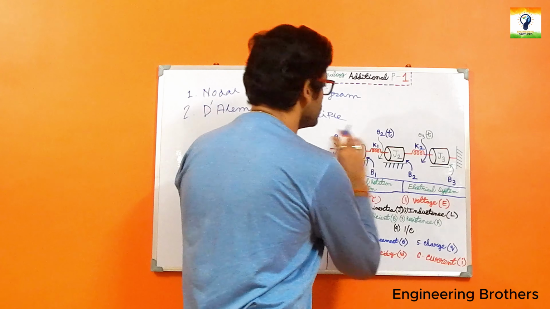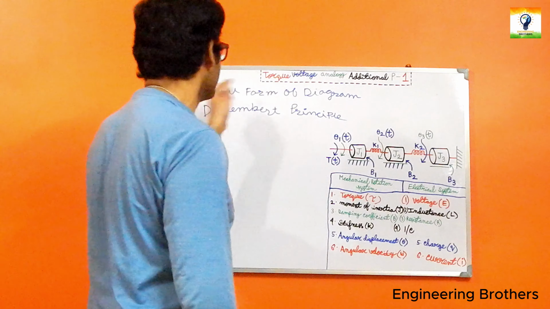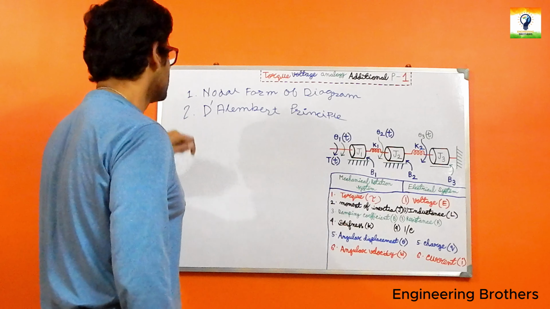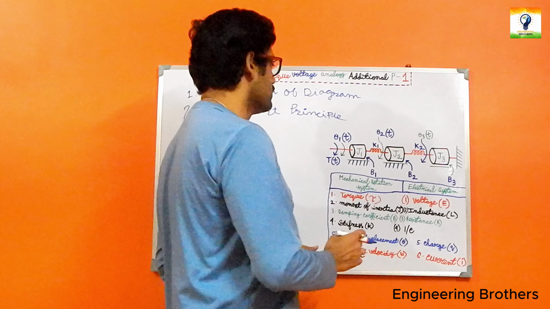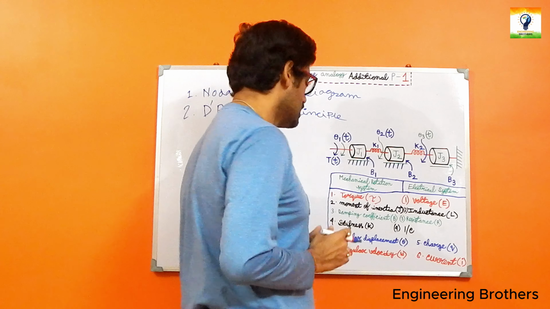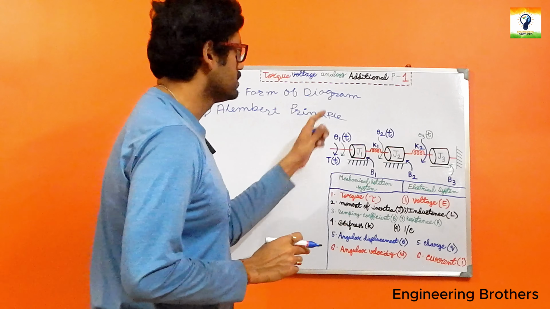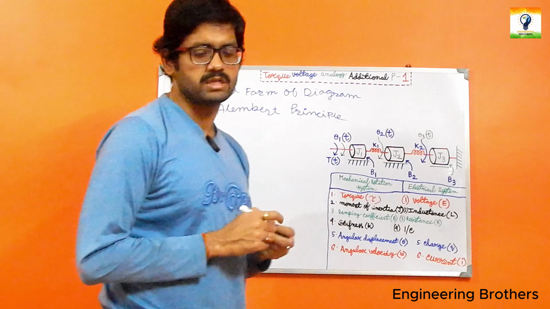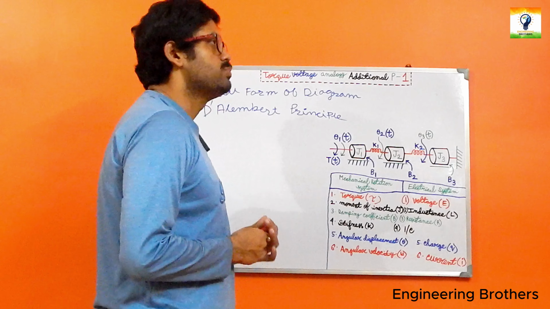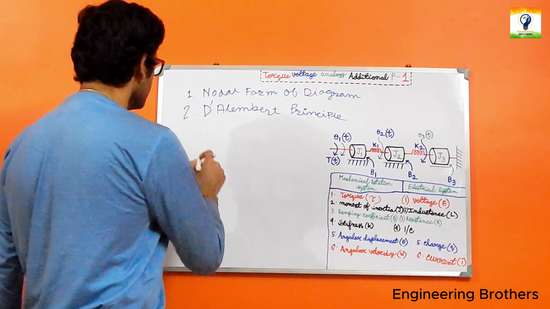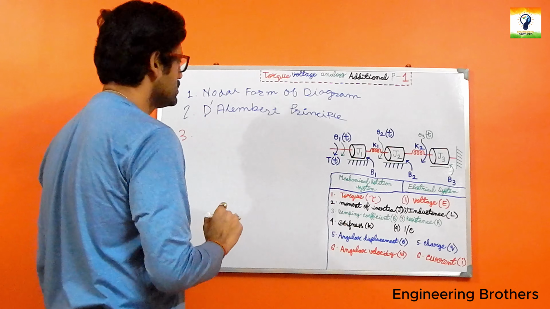We need to convert this conventional diagram into a nodal form of diagram, and in our next step we apply the D'Alembert principle on the angular displacements theta 1(t), theta 2(t), theta 3(t), and after that we get our much needed differential equations.